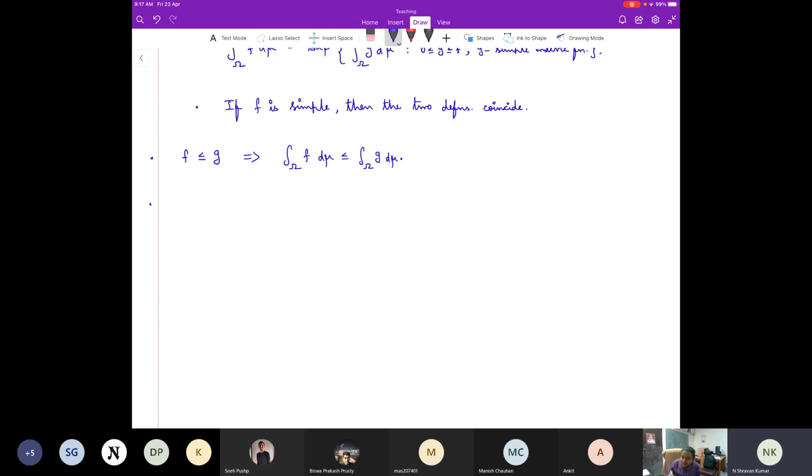Second one is that if c is greater than or equal to 0, then the integral over Omega of c times f d mu is equal to c times the integral over Omega of f d mu. One thing you have to notice is that if g is less than or equal to f, then c times g is less than or equal to c times f.